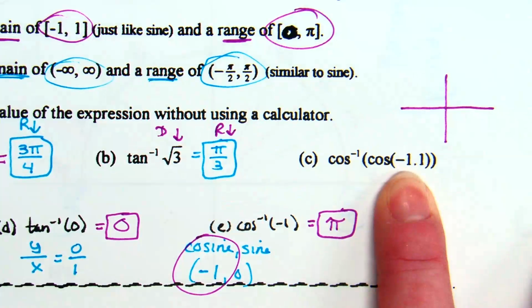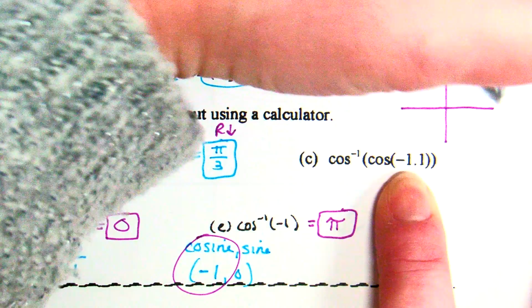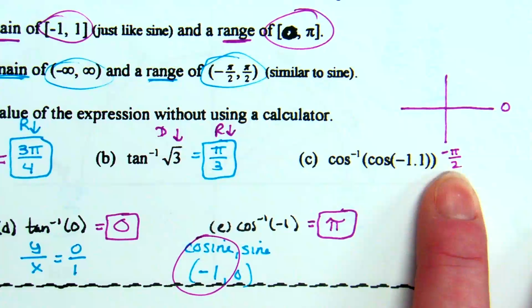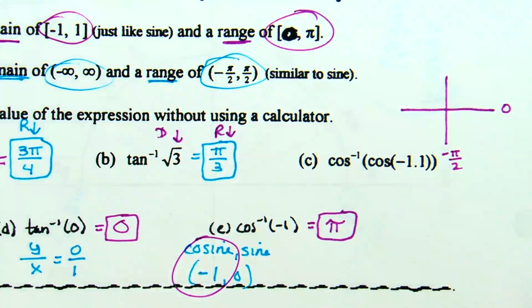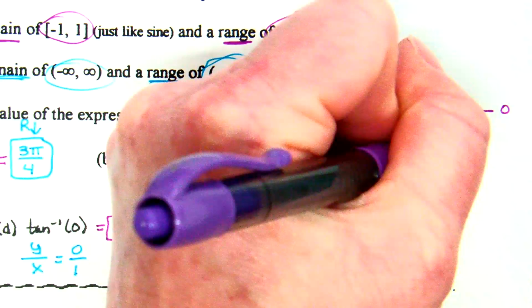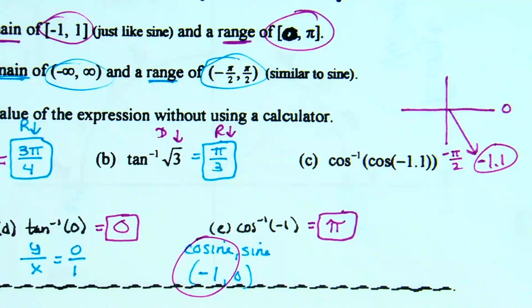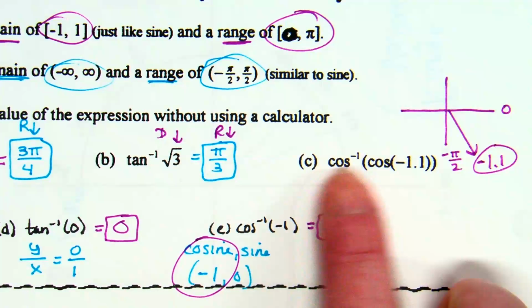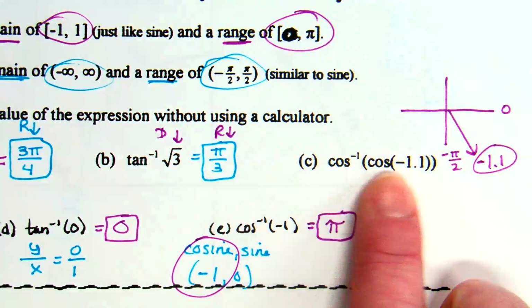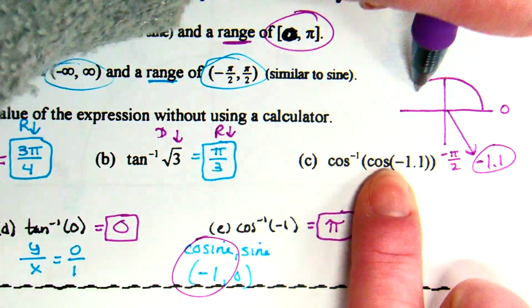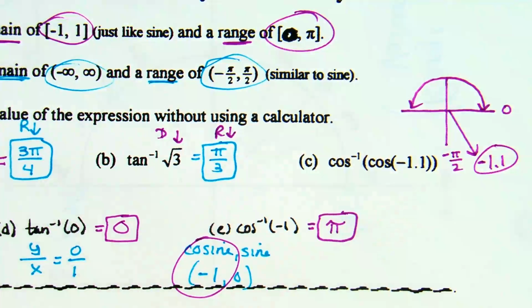If we think about this being 0 and this being negative pi divided by 2, then negative 1.57, the idea is that negative 1.1 is down there. Now, we are being asked about cosine inverse of that angle. Where does my cosine inverse have to happen? Up here.